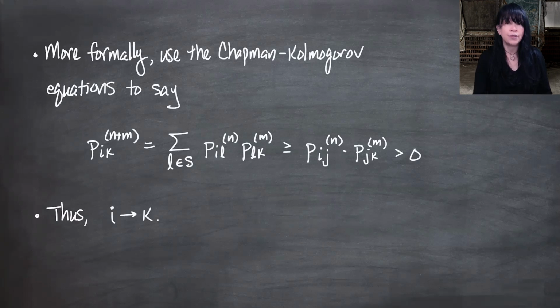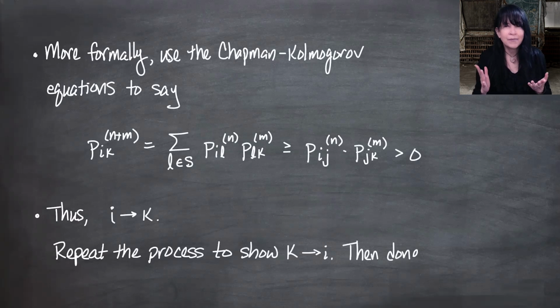Ultimately, we want to show that I can be reached from K, but the process is exactly the same. So you need to show that side or just claim it's the same like I just did, and then you're done. But if you do want to write out the other direction, do not reuse the time steps n and m, because those were chosen specifically because we knew that we could get from I to J in n steps, and I don't know that I can get from J to I in n steps.